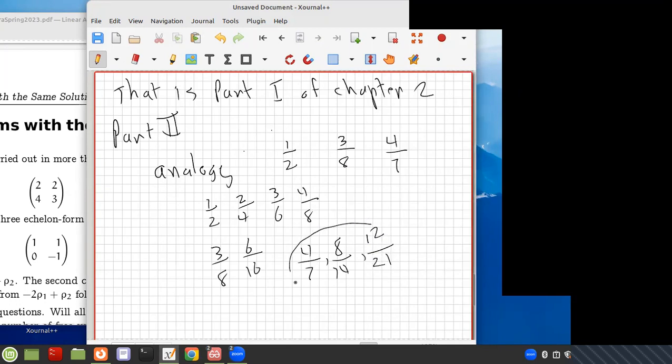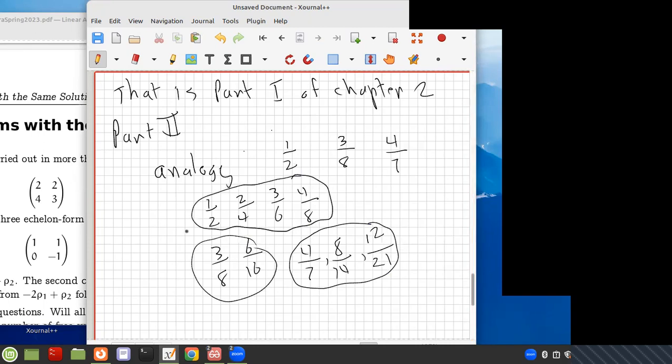So all of these have the same numerical value. These have the same numerical value. These have the same numerical value, right? So we say these all have the value 1/2.